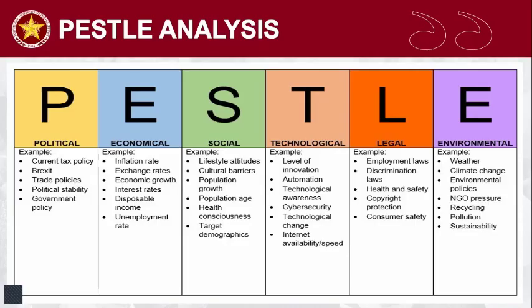And for legal, examples for this could be employment laws, discrimination laws, health and safety, copyright protection, and consumer safety. Then for the last, we have environmental. Examples include the weather, the climate change, environmental policies, NGO pressure, recycling, pollution, and the sustainability.